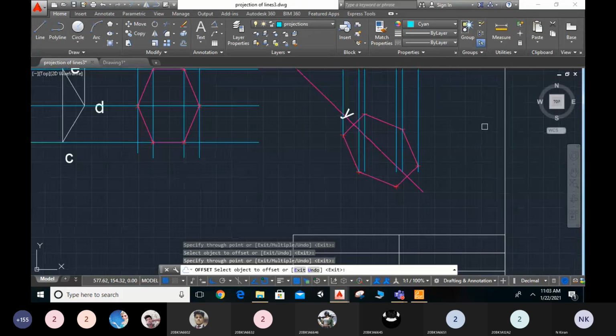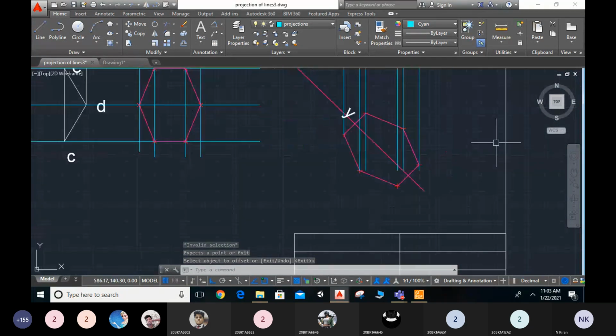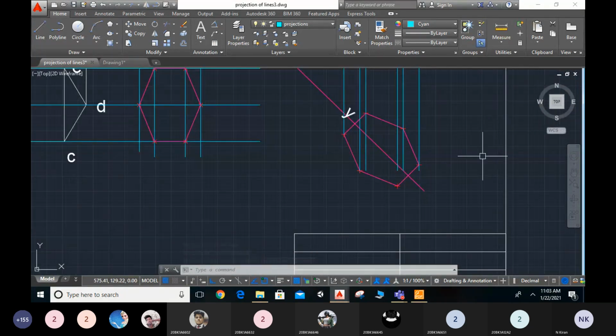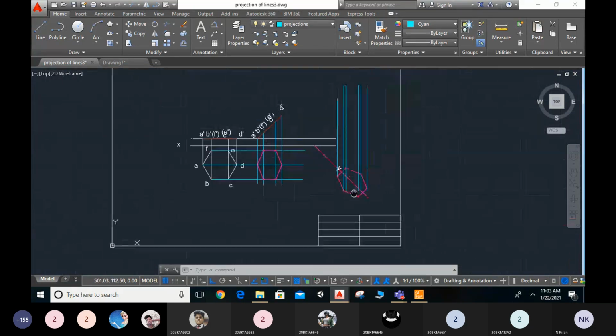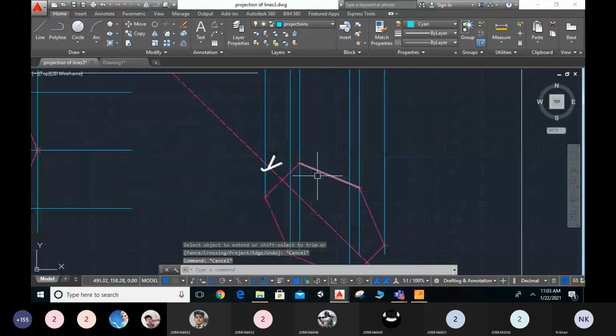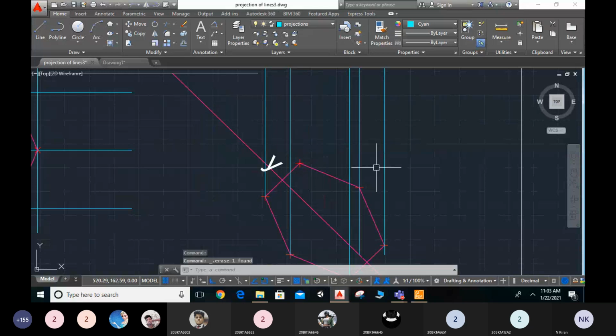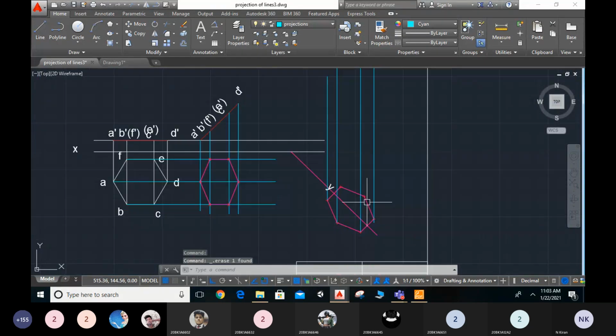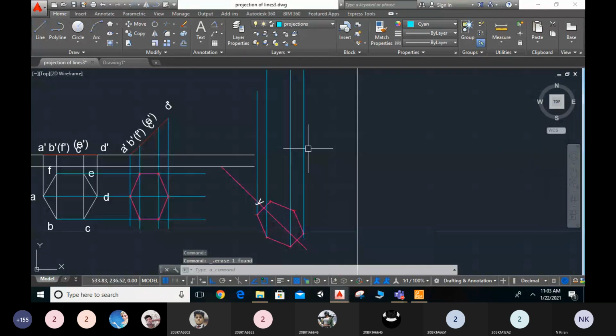So here whatever the excess portions are there, TR double enter, I will trim this one. It is not taking. So we have to start at the point. Yeah, like this, every point is projected upside.